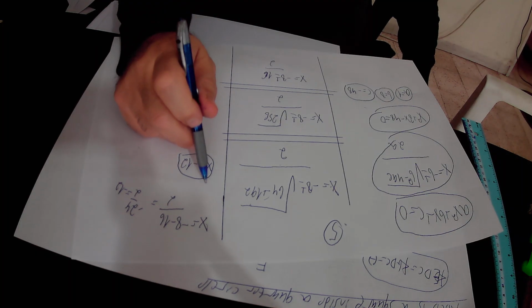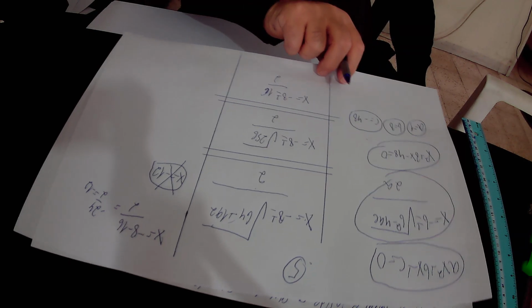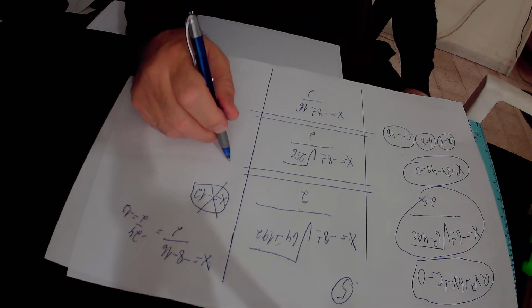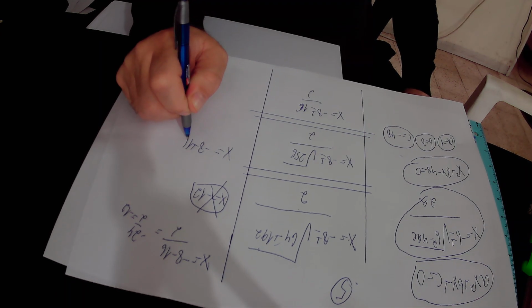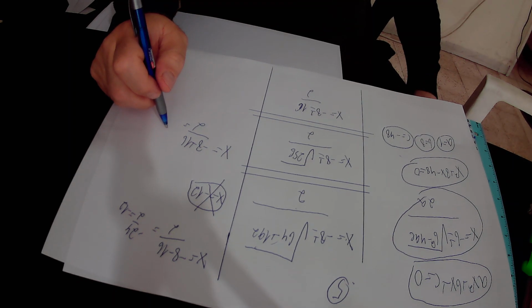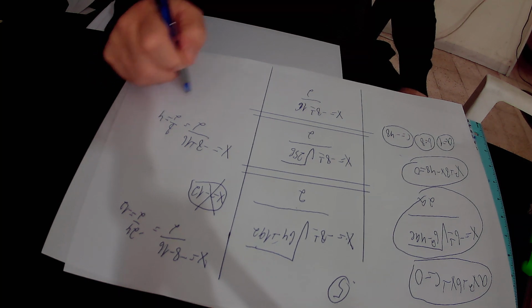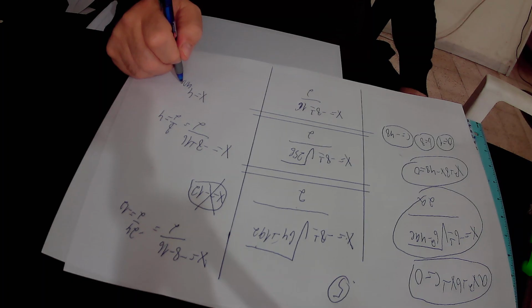We cancel this solution, and we will take into account only the positive solution for x. And the positive solution for x is as follows: x equals minus 8 plus 16 over 2. Minus 8 plus 16 is 8, and 8 over 2 is 4. So we found out that x equals 4 units in length.